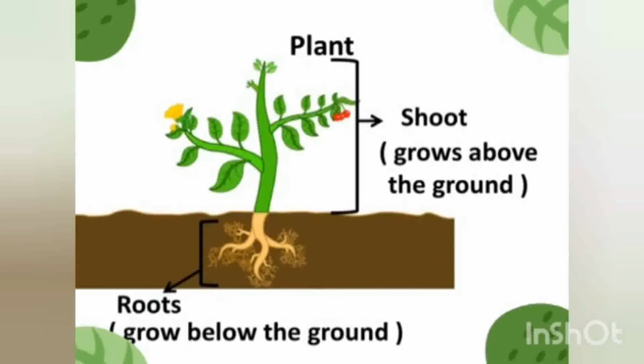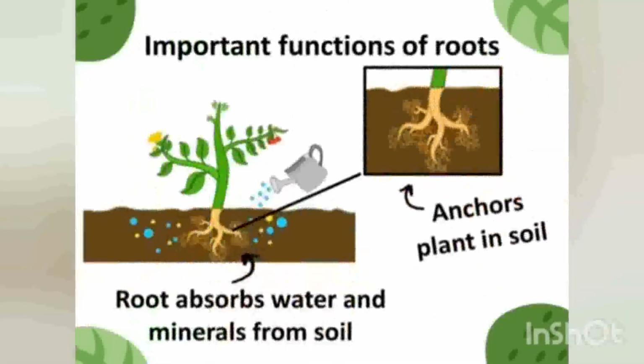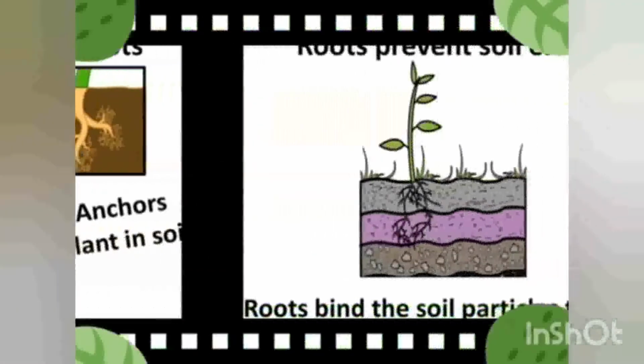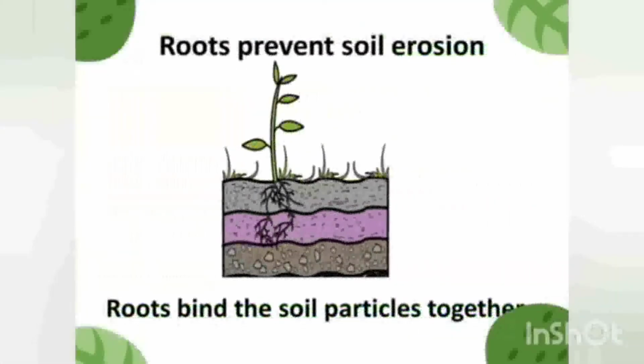So now let us see what is the importance of roots. We know that the roots absorb the water and the important minerals from the soil, and it also anchors the plant firmly in the ground. Apart from this, the important function that the roots perform is that the roots bind the soil particles together.